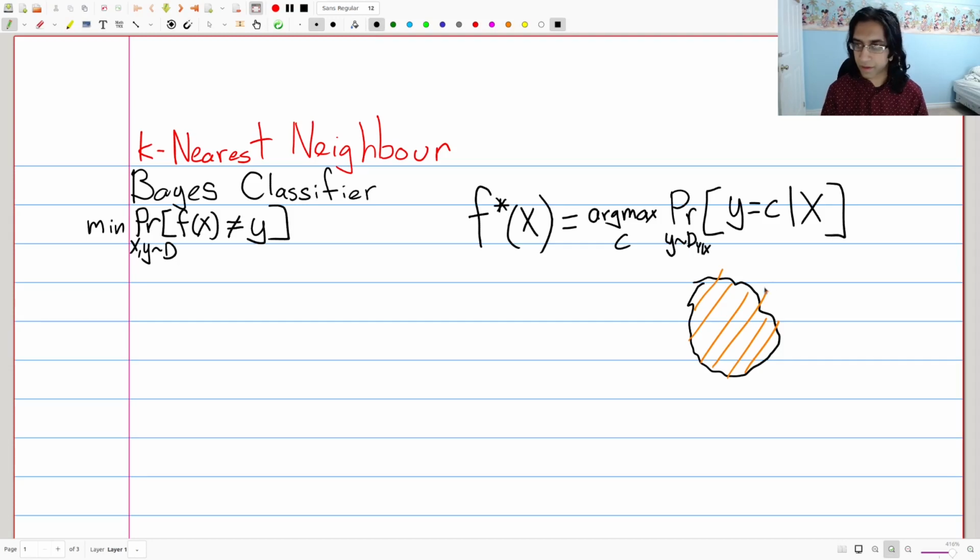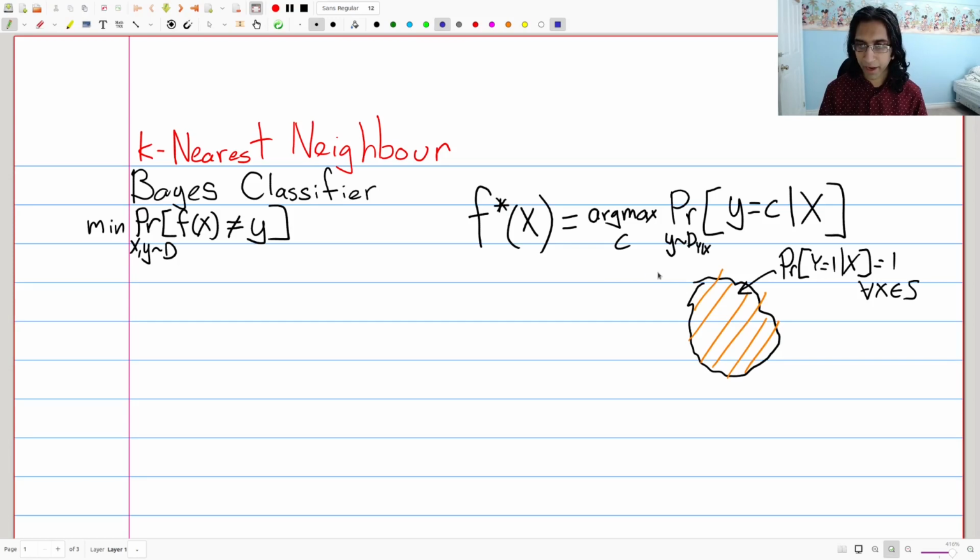So for any point that lands in here, the probability that y equals 1 conditioned on x is 1, for all x in this space. Let's call the set S.